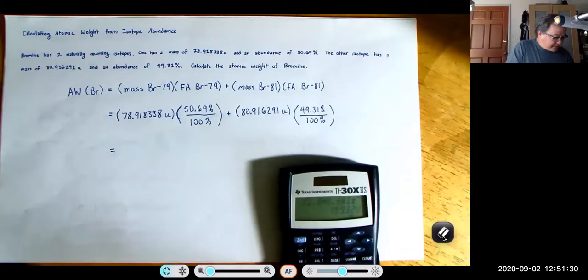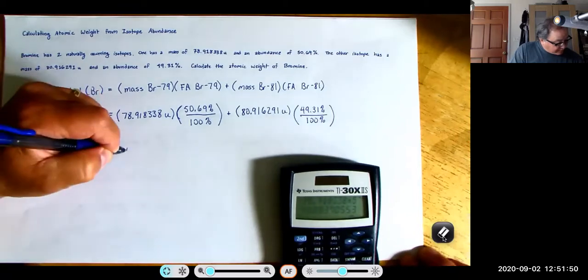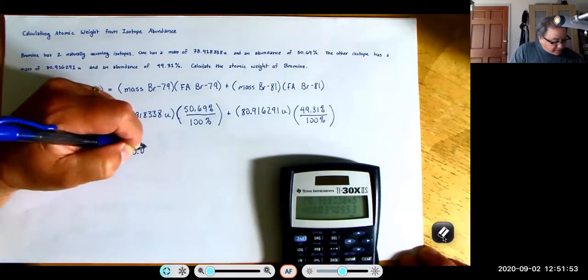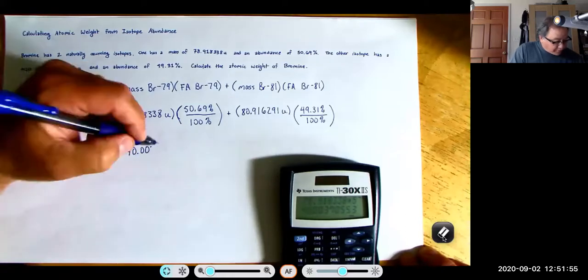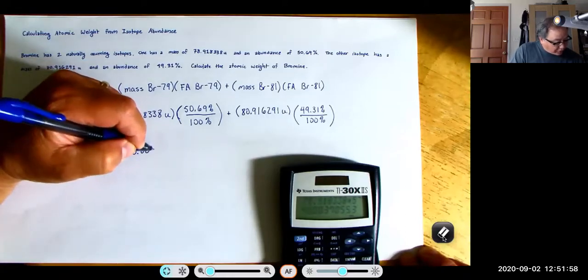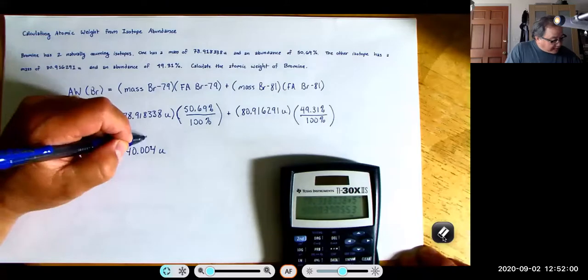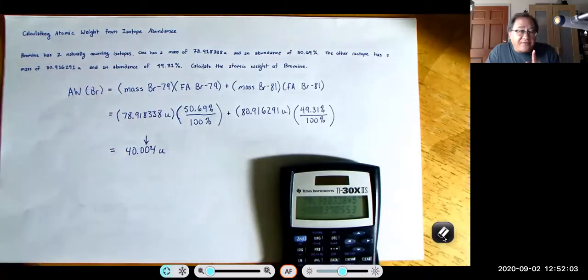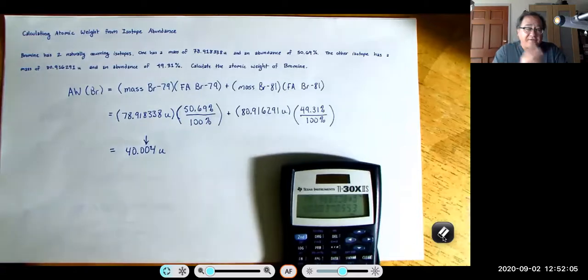78.918338 times 50.69 divided by 100. And so here we get 40.0037. I'm going to put 40.004 u, and I'm going to put an arrow going down to that zero there because 50.69 has 4 significant figures.